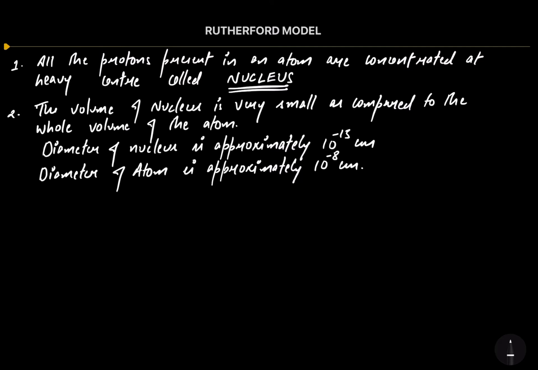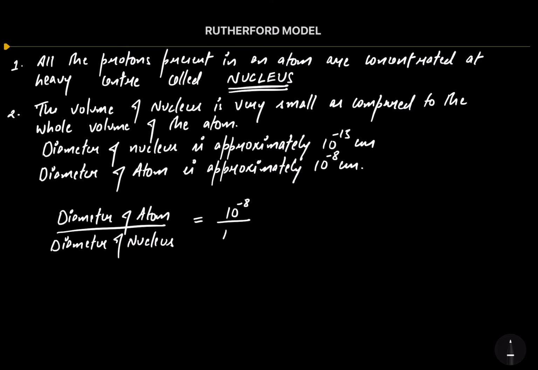So let us find the ratio of the diameter of the atom and the diameter of the nucleus. So I am writing diameter of atom divided by diameter of nucleus. It comes out to be 10 to the power minus 8 divided by 10 to the power minus 13, and it comes out to be 10 to the power 5.